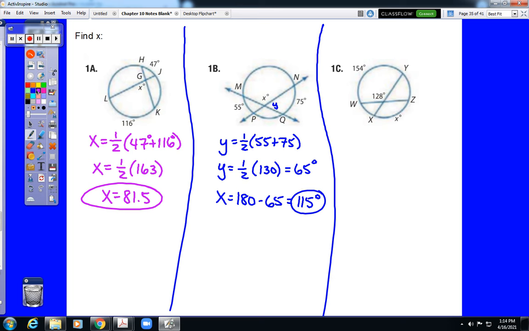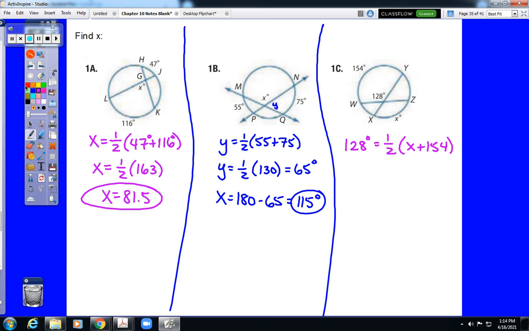And then C is another example where x is one of the arcs. So the angle, 128, is equal to half the sum of the arcs. So half of x plus 154.